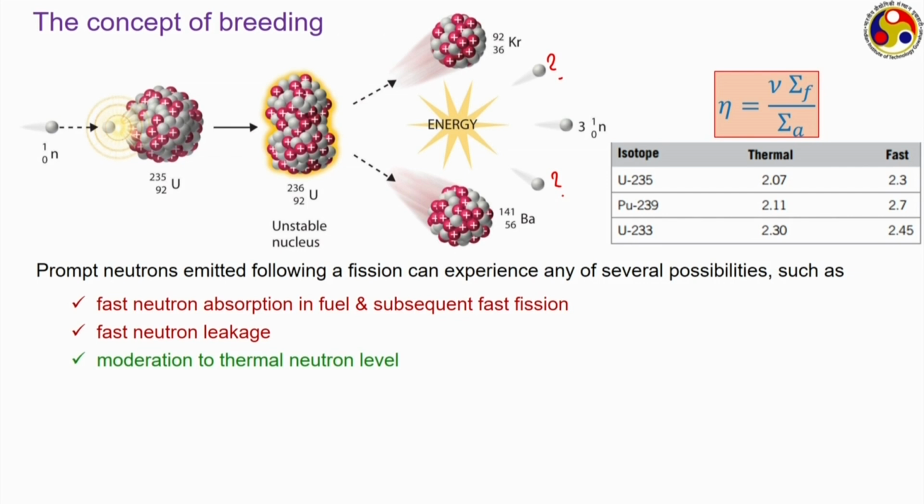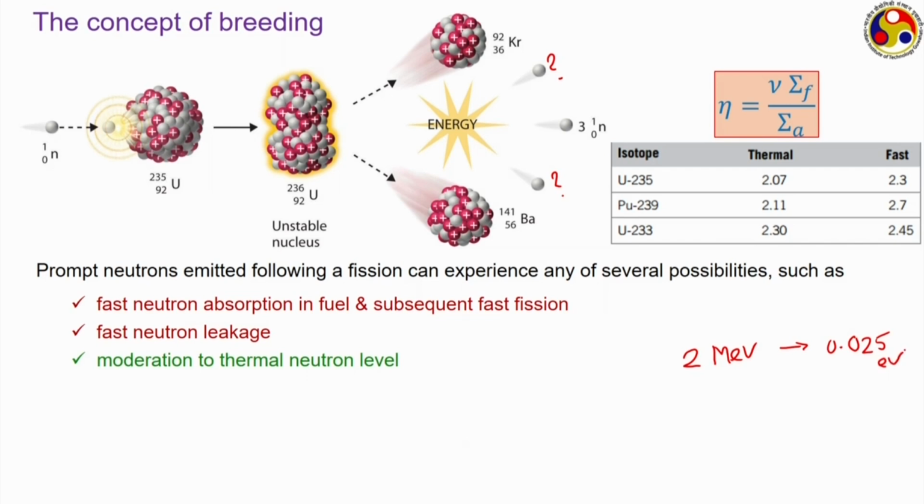Then we can have moderation also, meaning these prompt neutrons can go through subsequent elastic collisions with the moderating nucleus, by virtue of which they lose kinetic energy and come to the thermal neutron level. Typically, the prompt neutrons can have energy in the range of 2 MeV, and during the moderation process that can come down to the thermal neutron level of 0.025 electron volt.